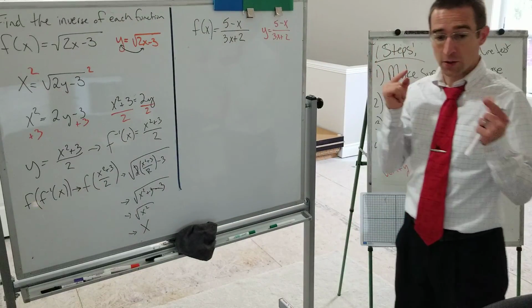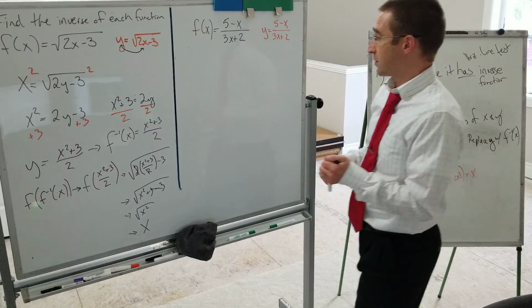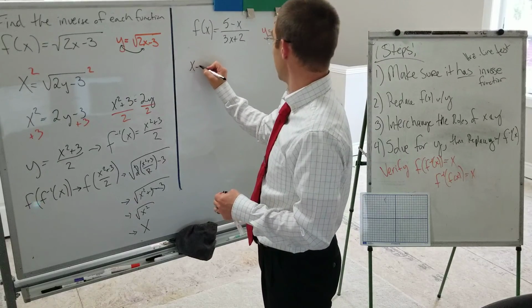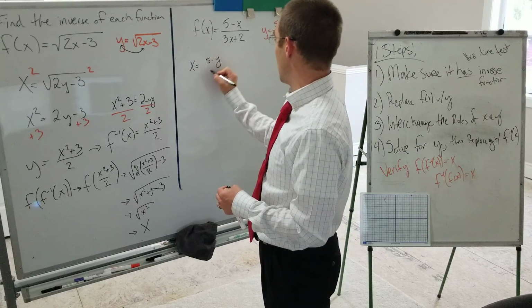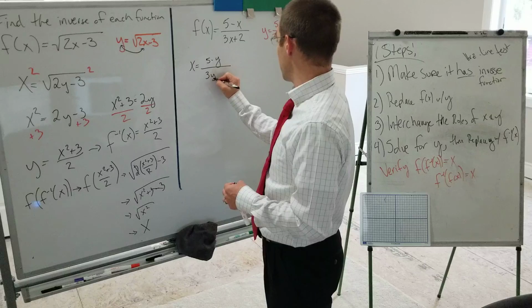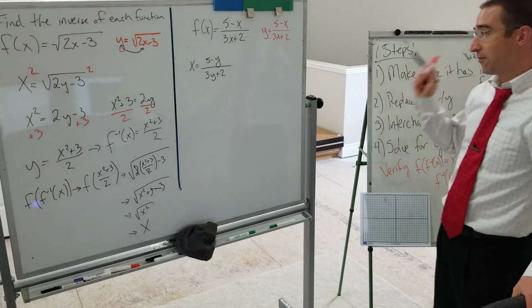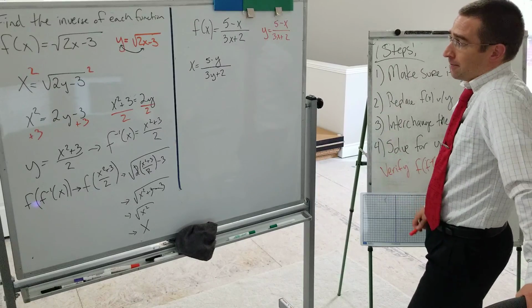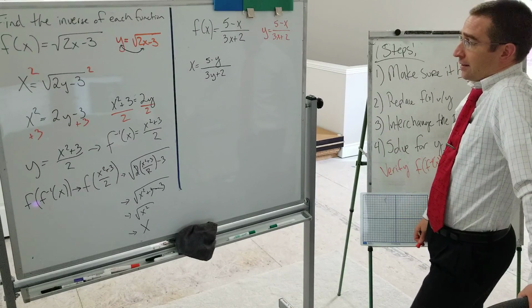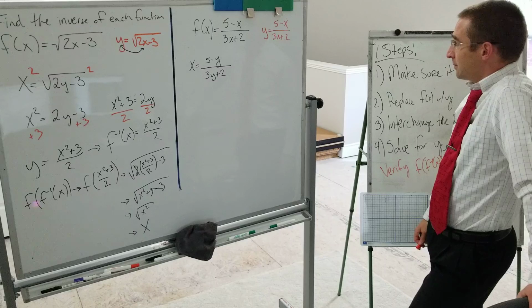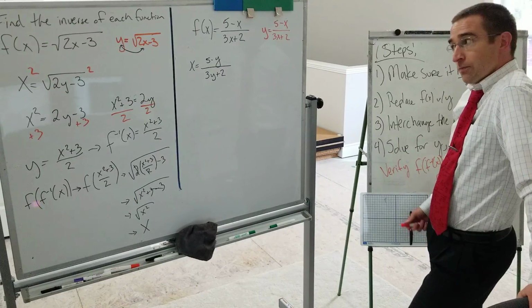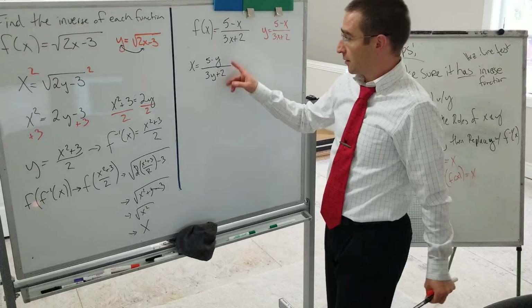Now we're going to swap the x's and y's. So I'm going to say x equals 5 minus y over 3y plus 2. Yikes! This is a fun algebra problem. We've got these y's.